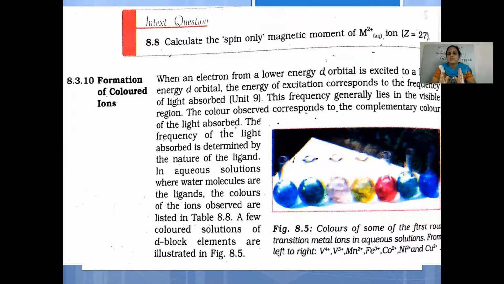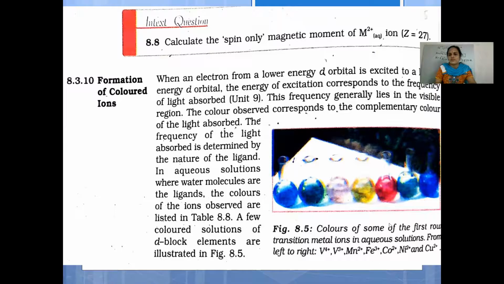The color observed corresponds to the complementary color of the light absorbed, and the frequency of the light absorbed is determined by the nature of the ligand. So in aqueous solution, where water molecules are the ligands, the colors of the ions observed we'll see in the table. A few colored solutions of d block elements are illustrated in this figure.